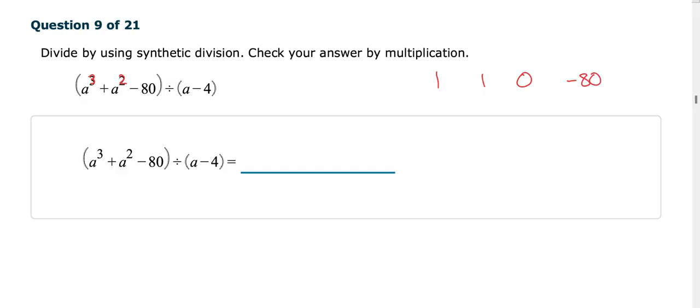Now I can check that. There's an a squared, a cubed. Is that right? 1a cubed plus 1a squared plus 0a minus 80. Okay, I'm good. I wrote my coefficients right. Now instead of writing a minus 4, I set it equal to 0, so a is 4. That's the number in my half box.